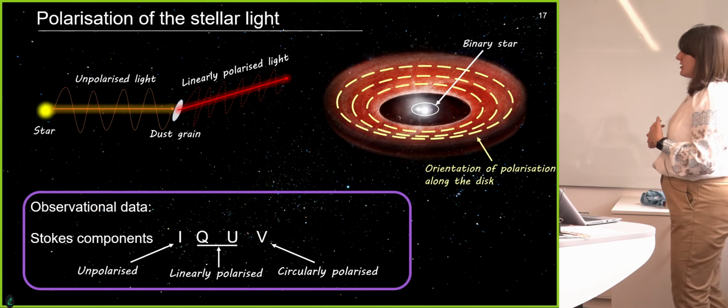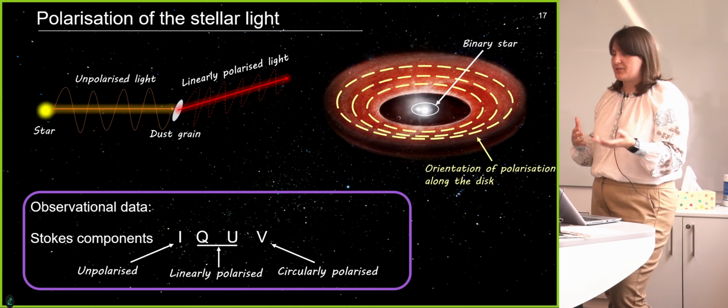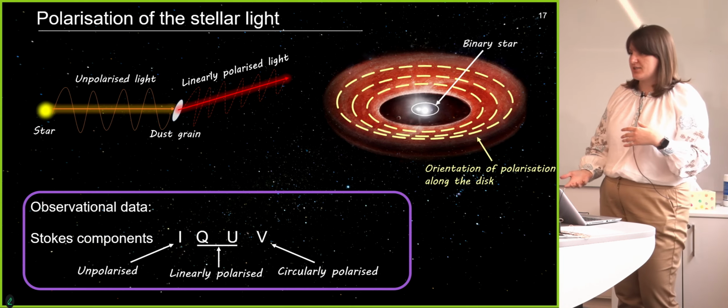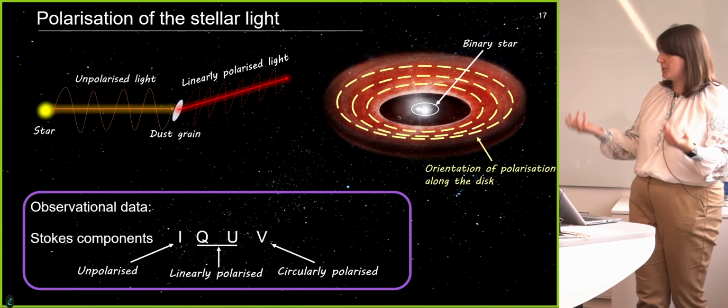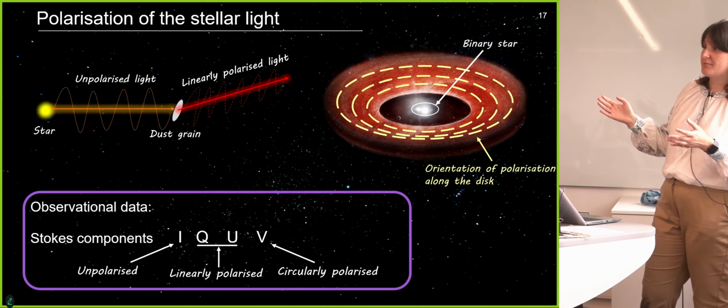So in this way, we can differentiate between the real physical signal from the disk and whatever happened to the light on the way from the system to the observer. Because in the interstellar medium, you also have dust grains, and you can also have scattering and polarization of the light. However, in general, it would be randomly oriented, so we can filter it out.